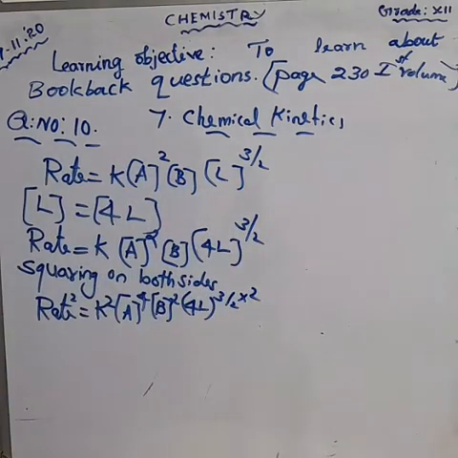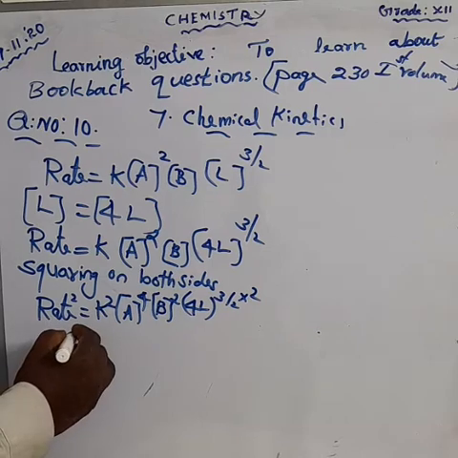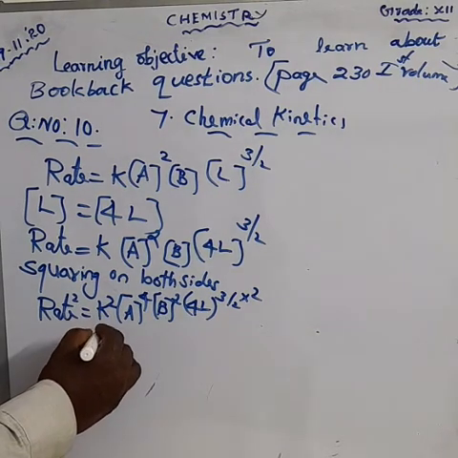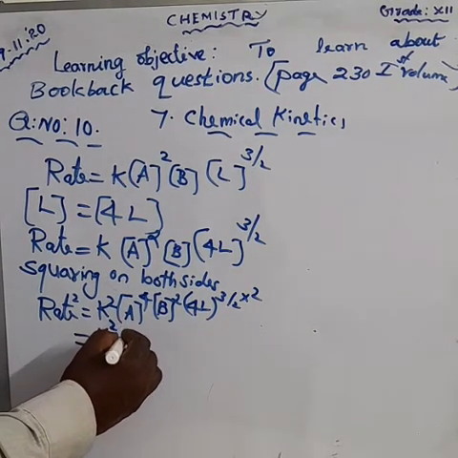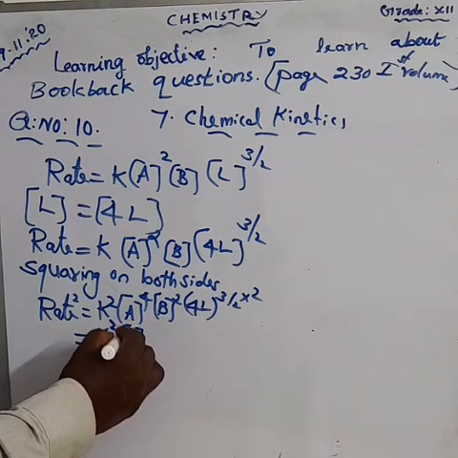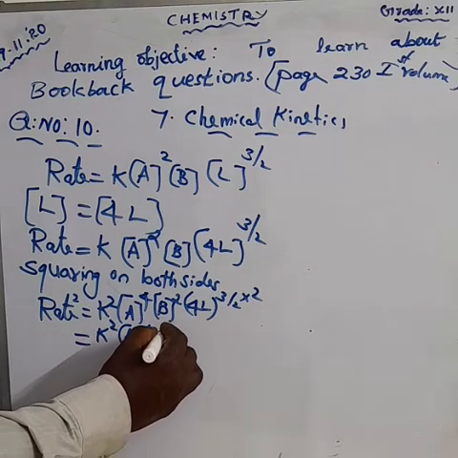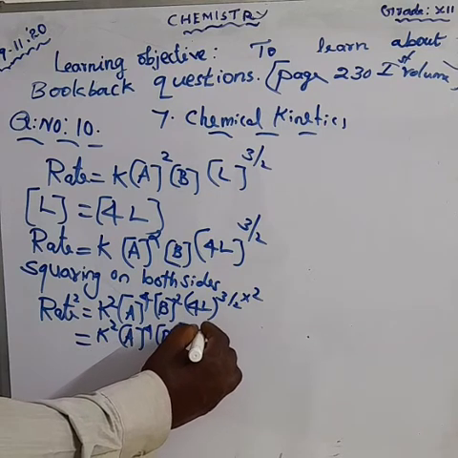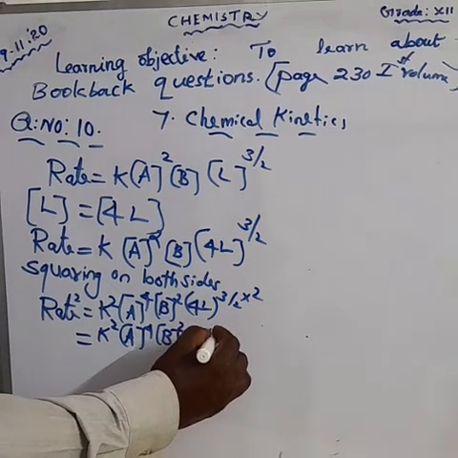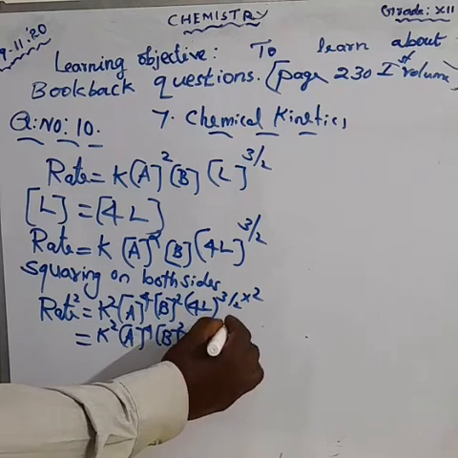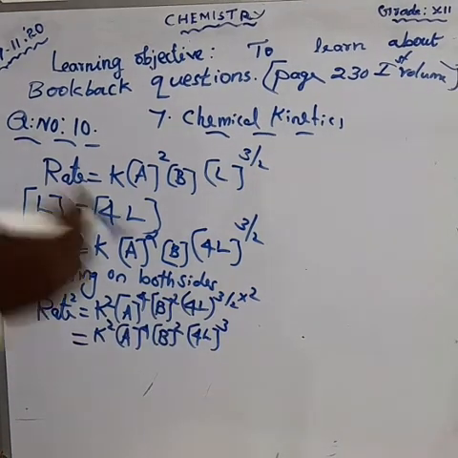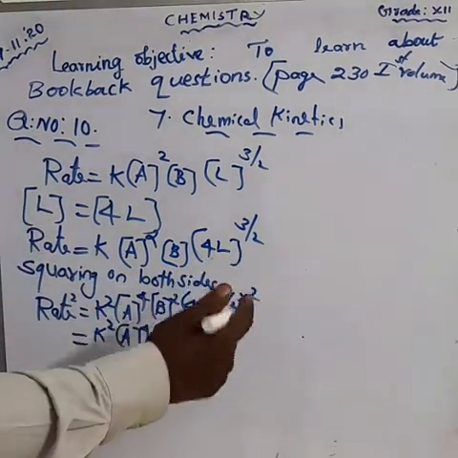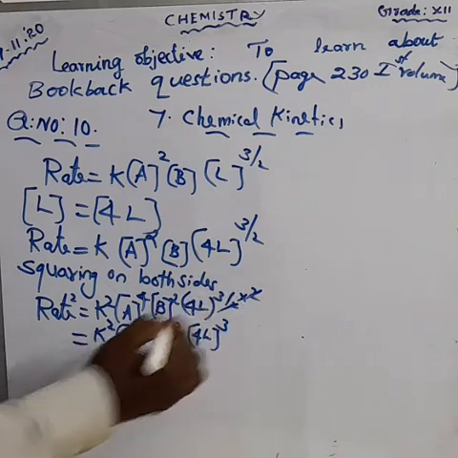Okay, square. Here, that we can be written as K square A 4 B square 4L 3, because we can cancel this one, cancelling, okay.